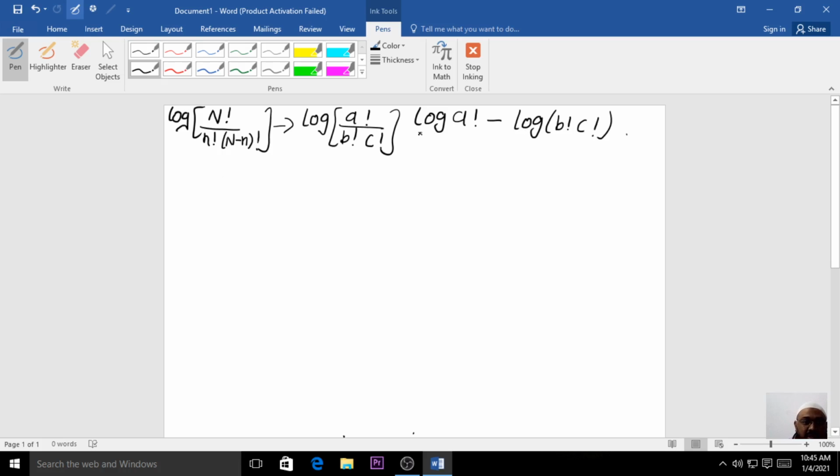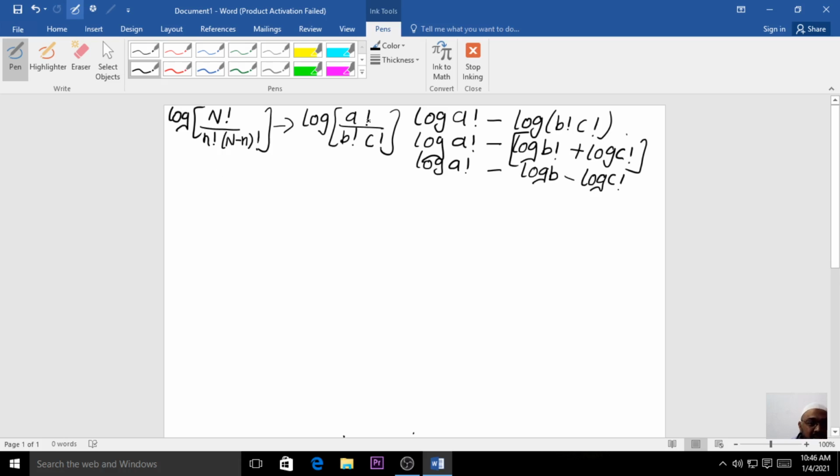Now this can also be written as log a factorial minus log b factorial plus log c factorial, in the brackets. So the next term will be log a factorial minus, just take inside that minus, so what will you obtain? Minus log c factorial. Clear everybody?